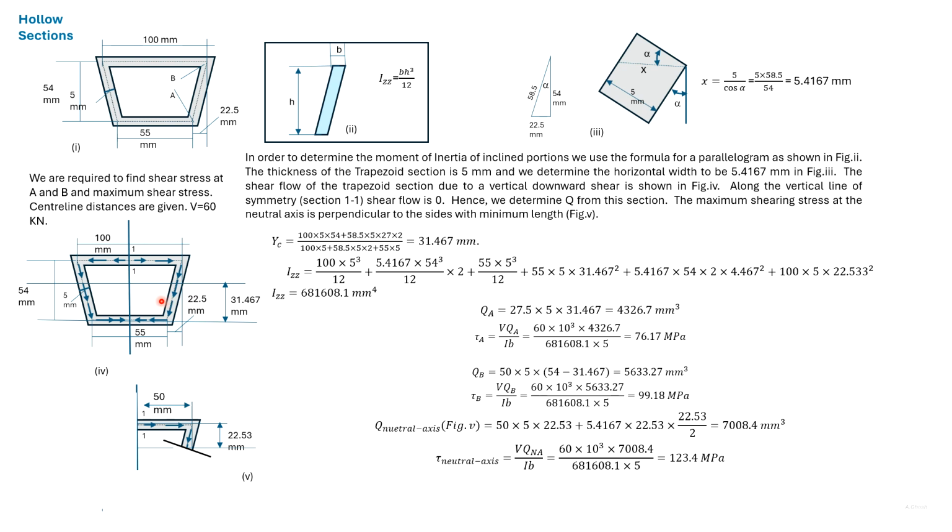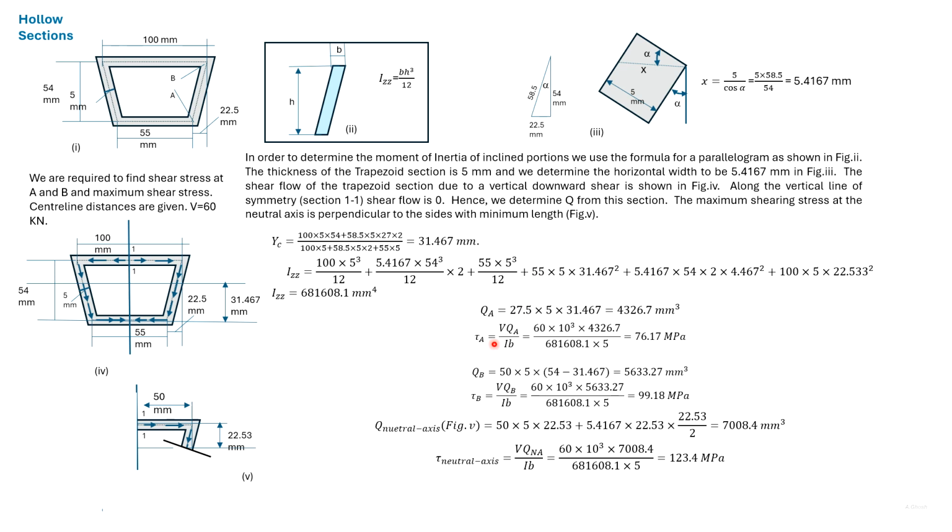We now find the shear stress at the neutral axis. We determine the Q for this portion. So the Q for the horizontal portion is 50 into the thickness into this height, which is 22.53. And for the Q of the inclined portion, we multiply this value by 22.53 is the height, and the distance of the centroid is 22.53 divided by 2.